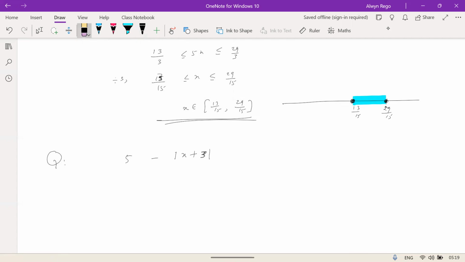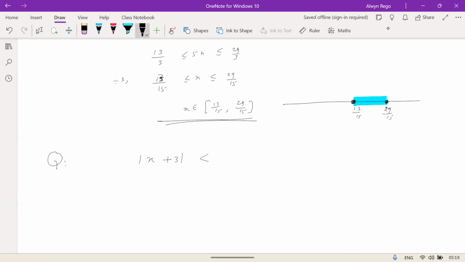All right. So supposing you have something like this, something simple. If you have absolute value of x plus 3 plus 10 here is less than 8 or something, you'll find that therefore absolute value of x plus 3 is less than 8 minus 10.